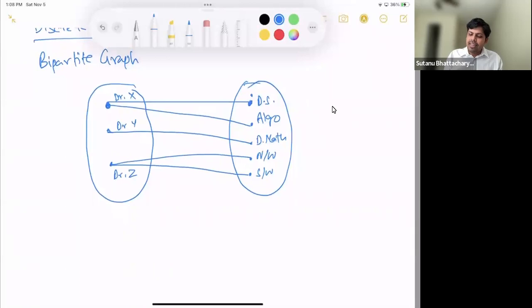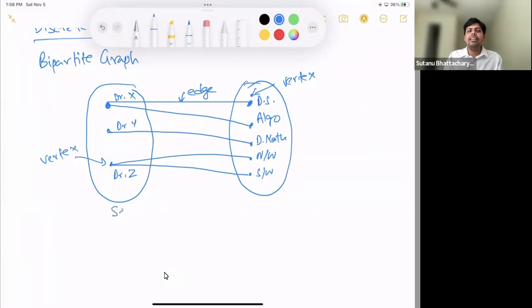In a bipartite graph, all courses and faculty names, each denoted with a dot, are represented as vertices of the graph, and this is an edge of the graph. So this is one vertex, this is another vertex. A bipartite graph is such a graph where you can divide the vertices into two sets.